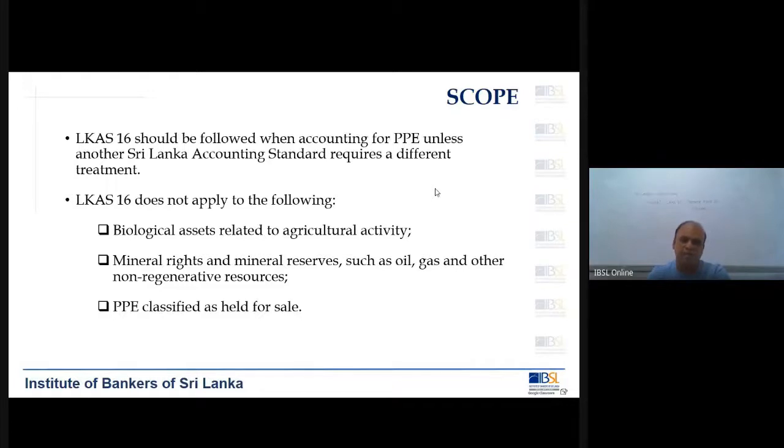Please underline, if you are having a note in your hand, the term held for sale. Held for sale is very important because Damro, Singer, and so many other companies sell furniture items or equipment, holding it for sale for people to come and buy.